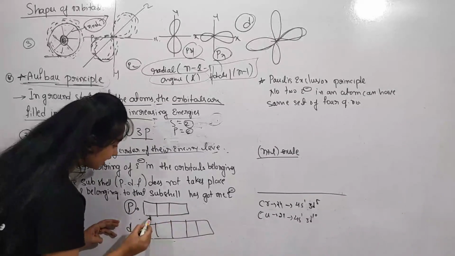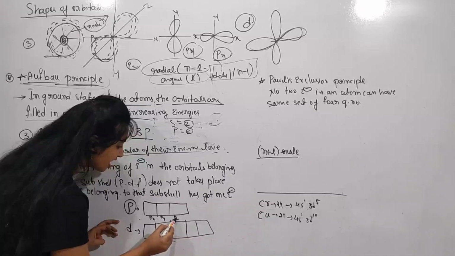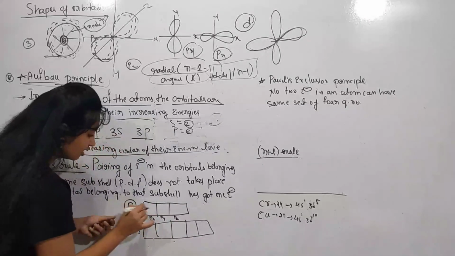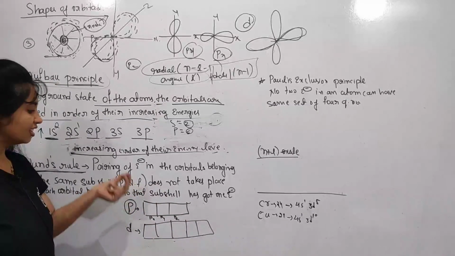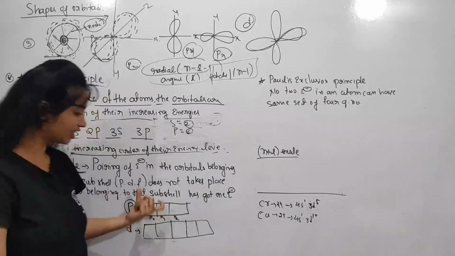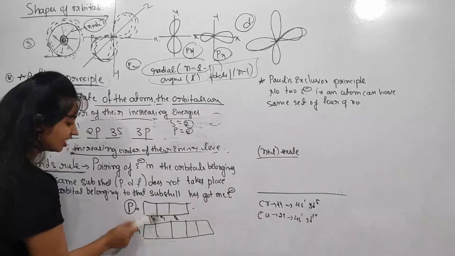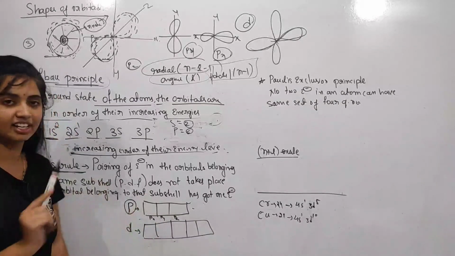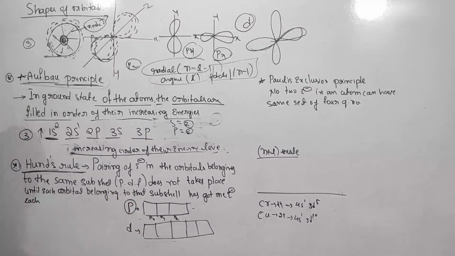These px, py, pz lie in the same subshell, so they exist at the same energy level but are different orbitals, called degenerate orbitals. How the electrons are filled in such orbitals is what Hund's rule says.